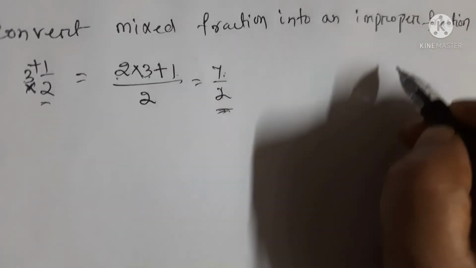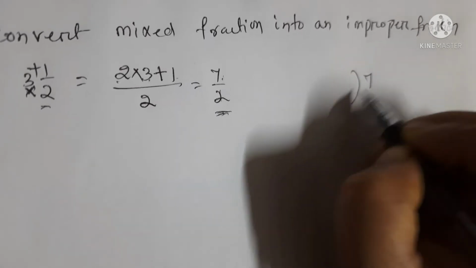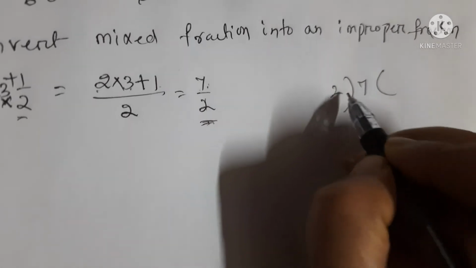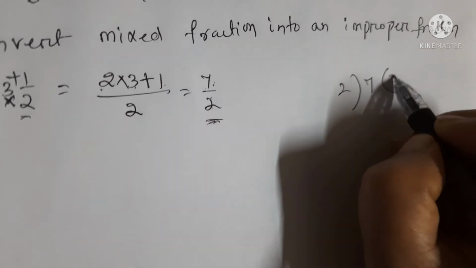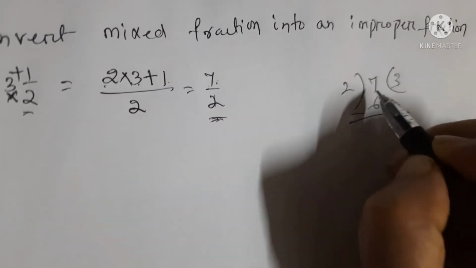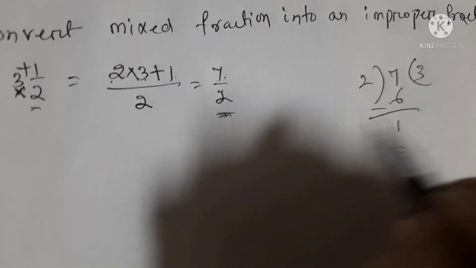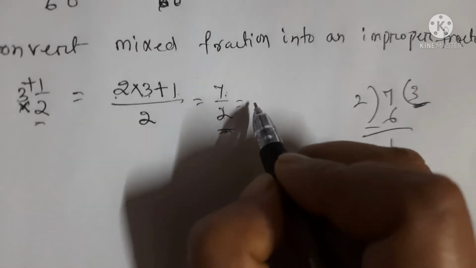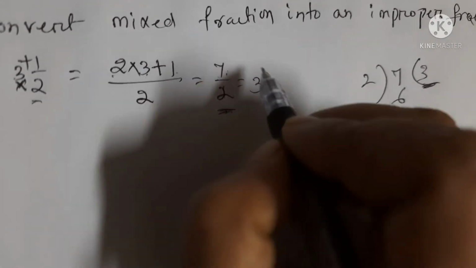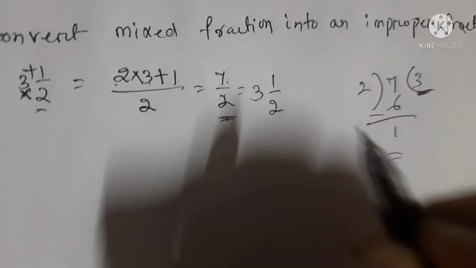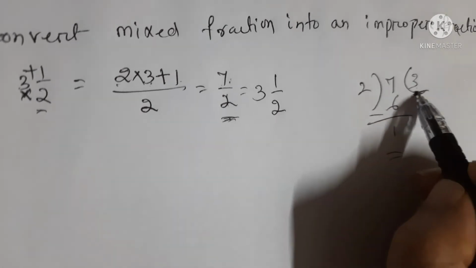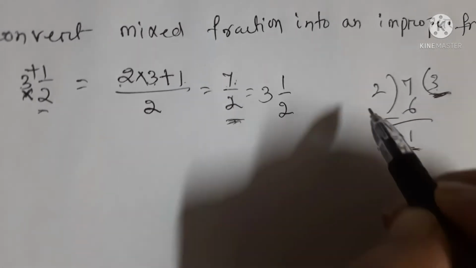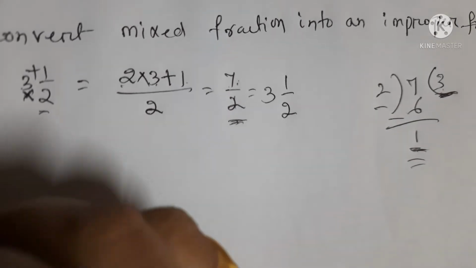By doing this process, you need to divide 7 by 2. 2 1s are 2, 2 3s are 6. Now the remainder is 1. So first you write 3, then this remainder 1, then 2: 3 1/2.